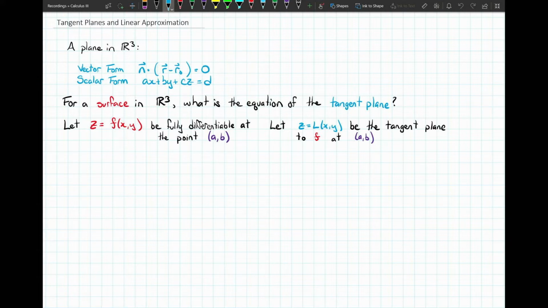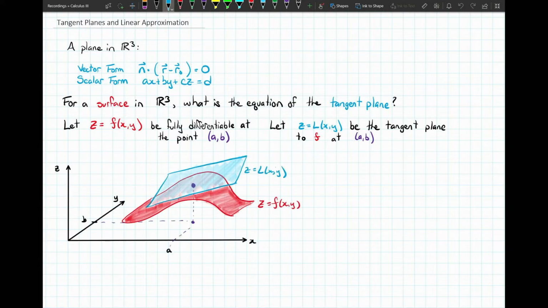Now let's take a look at a picture here that might help. I've already drawn this, so I can just show you an example where we've got some kind of surface, z equals f of x, y, and given a value for x, let's say x equals a, and given a value for y, let's say y equals b, that's a point at (a, b). The z value we get by plugging into the function, and both the red surface and the blue tangent plane pass through some common point here on both surfaces.